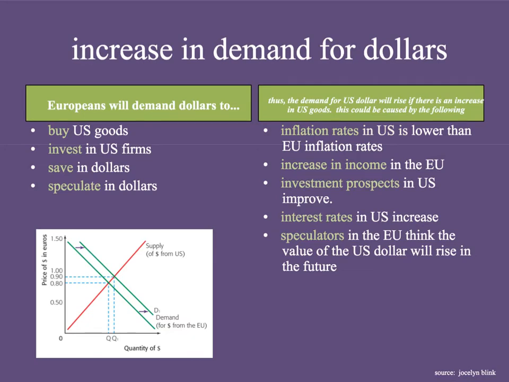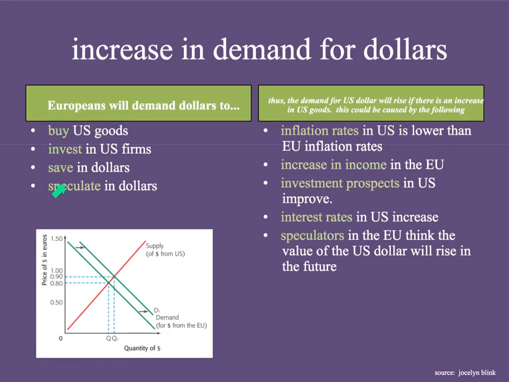Europeans will demand dollars to A, buy more U.S. goods, B, invest in U.S. firms, C, save in dollars, or D, speculate in dollars. So these are the reasons: buy, invest, save, speculate.